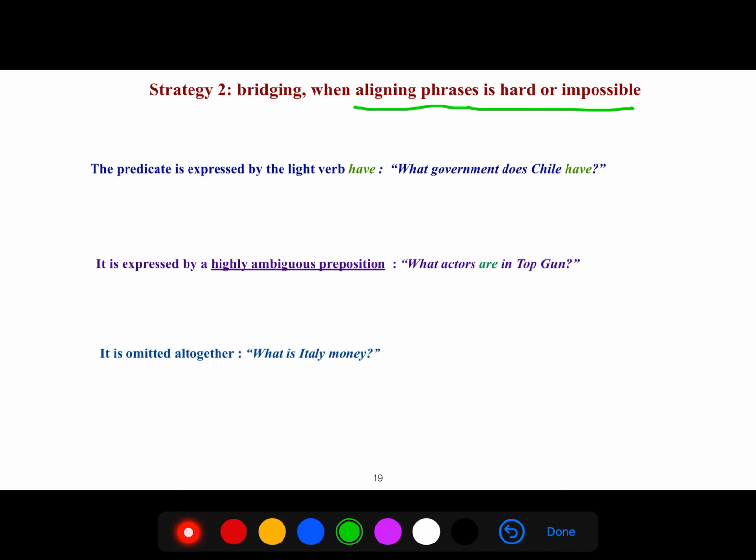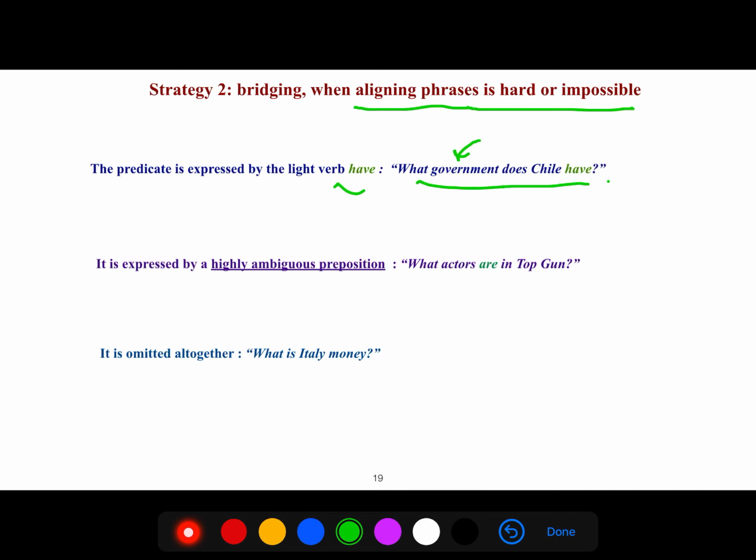For example, the predicate is expressed by the light verb have. What government does Chile have? Have could be anything, so that's why we need some bridging in order to remove this ambiguity.